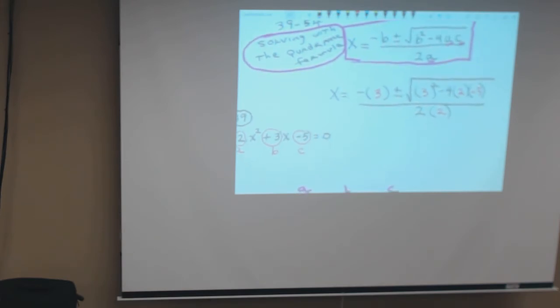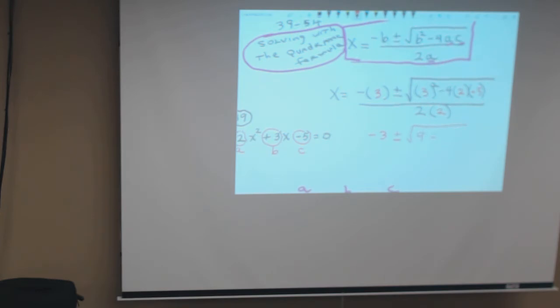Now let's go ahead and work this one out just for fun. That would be -3 plus or minus, what's 3 squared? 9. The square root of 9 minus, what's 4 times 2? 8 times 5? 40.